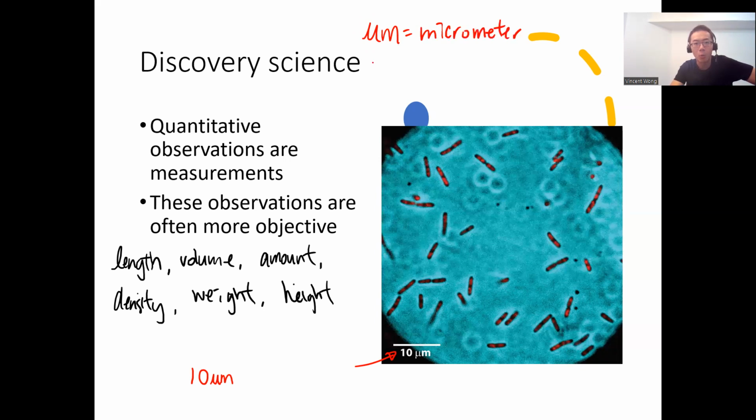One meter has 1 million micrometers. So from here to here is 10 micrometers. So you can say this bacterium is about 5 micrometers. It's not super accurate, but it gives you a numeric description, right? So that's that.